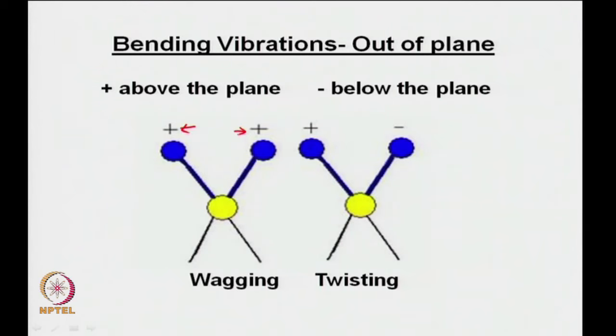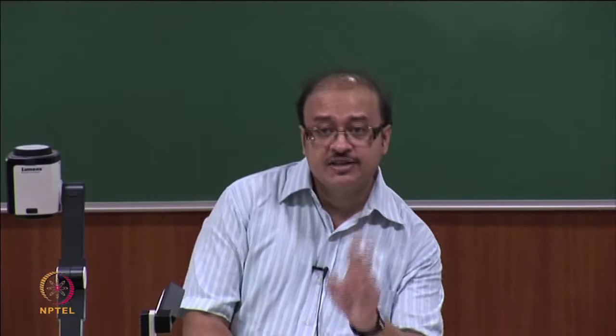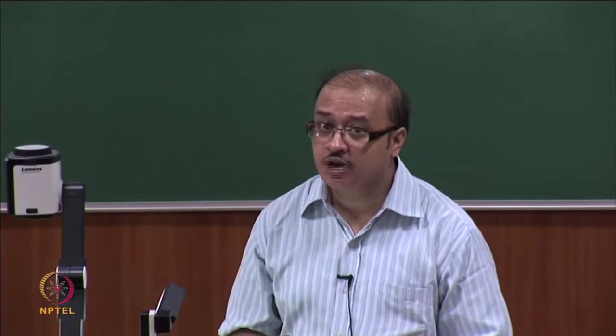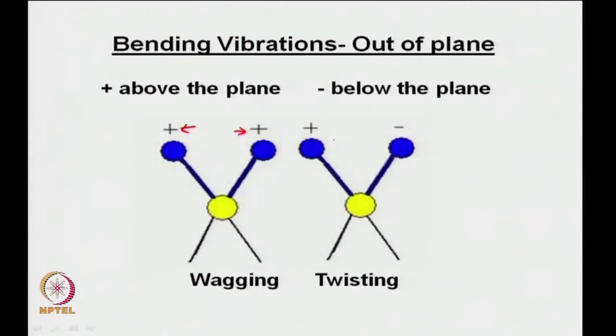Remember, this is out of plane, but both the bonds are moving in the same direction. In the case of twisting, however, the opposite is happening. One bond is moving above the plane, and this bond is moving below the plane. So, this is a case of twisting. These are the different out of plane bending vibrations.